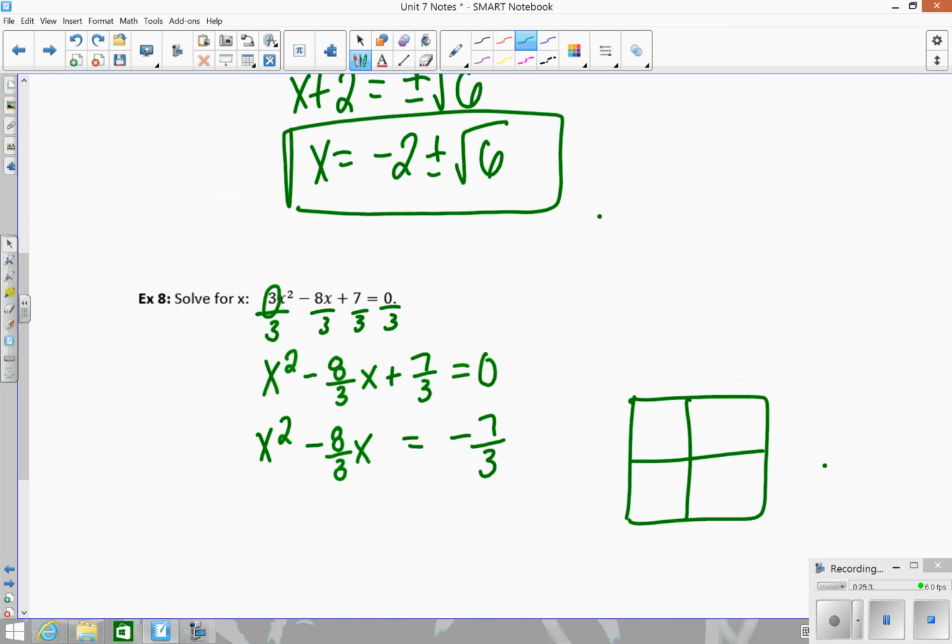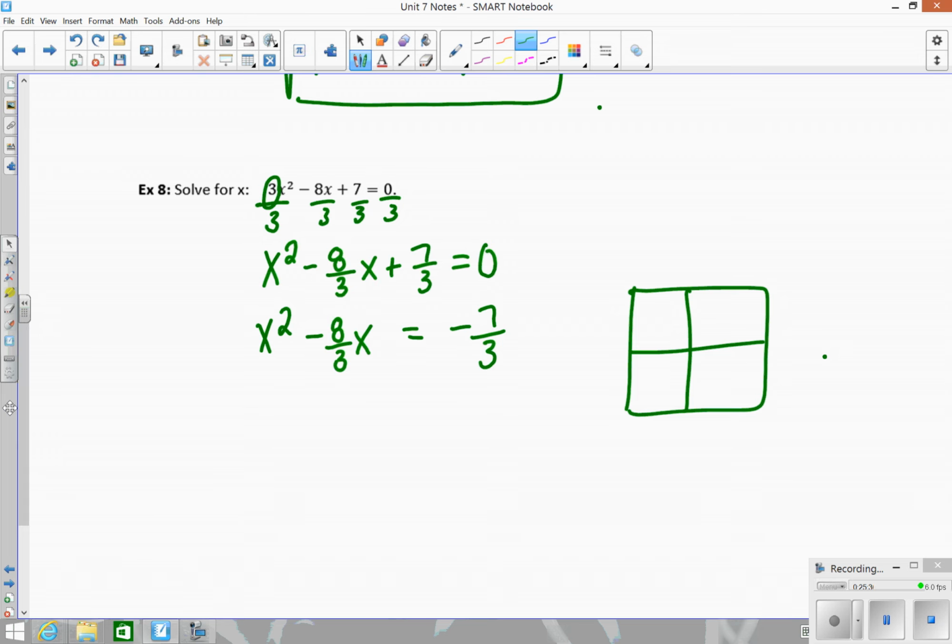And this is why it's really important to make the connection that the sides of your squares are actually your factors that go here. So I'm going to split up x and x, and I'm going to split up this negative 8 thirds. So you're going to divide negative 8 thirds by 2.